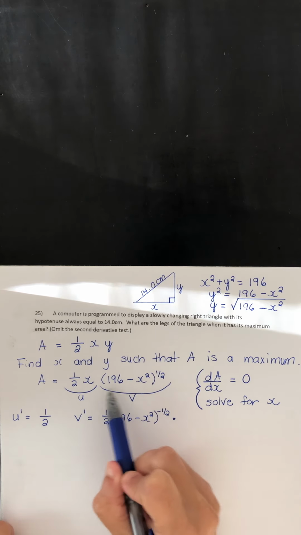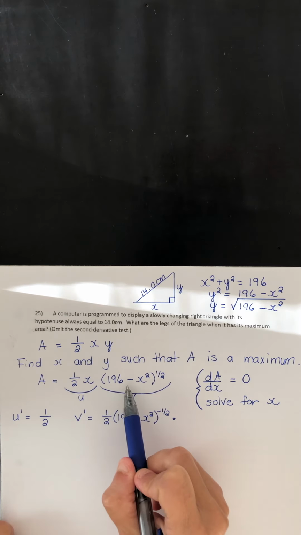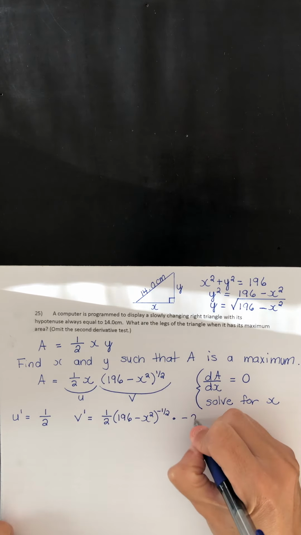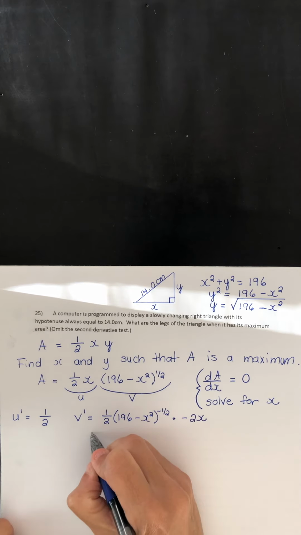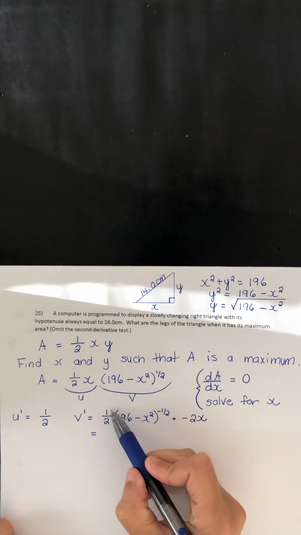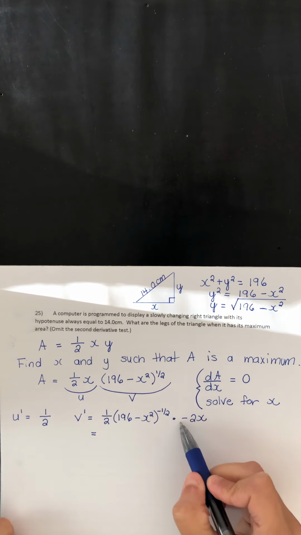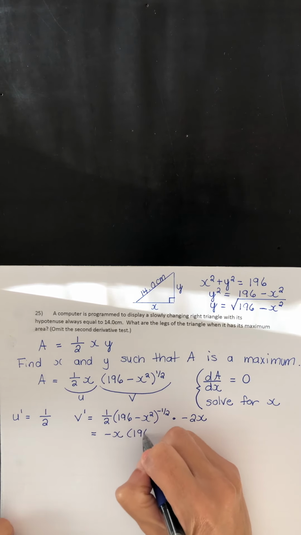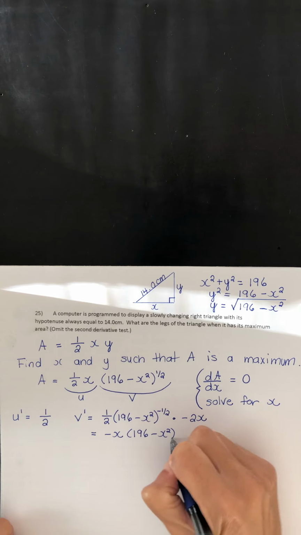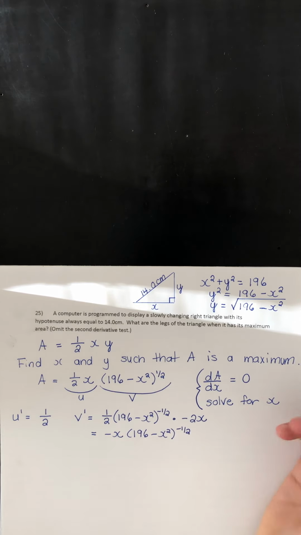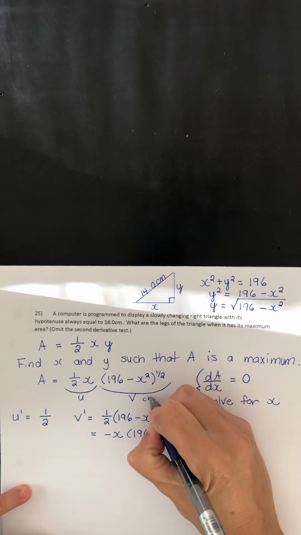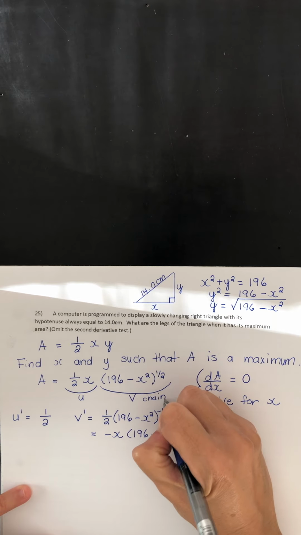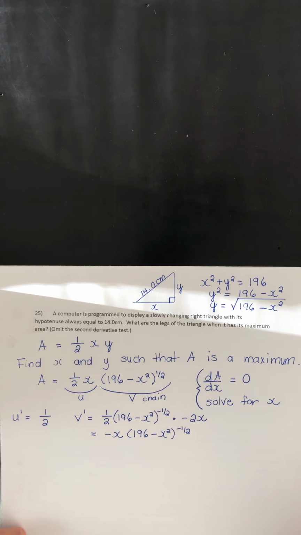The derivative of the inside of the bracket is 0 minus 2x, so -2x. So v prime is, we can take a half, multiply it by -2x to get -x there. So now we have u prime and we have v prime. A reminder that we use the chain rule to differentiate v.